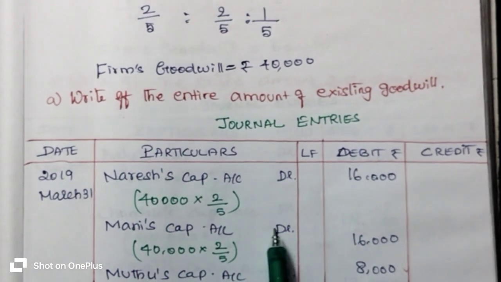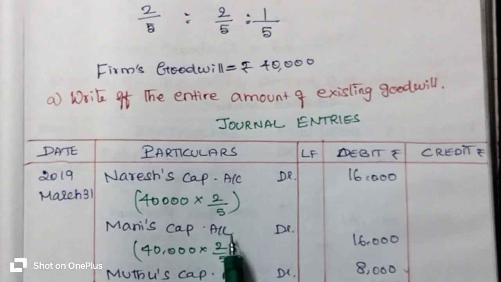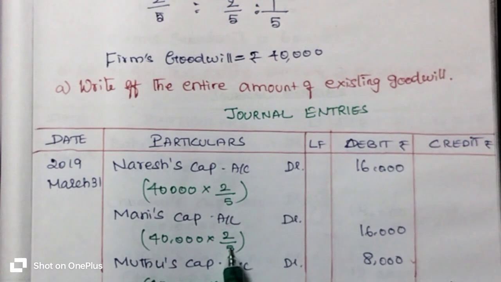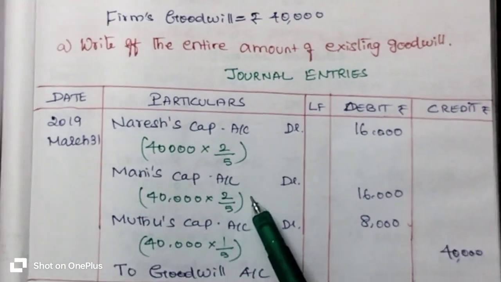Then Mani's capital account debit. 40,000 rupees goodwill transferred to Mani's capital account in his gaining ratio, the old profit sharing ratio of 2/5. After cancelling, you will get 16,000 rupees transferred to Mani's capital account.